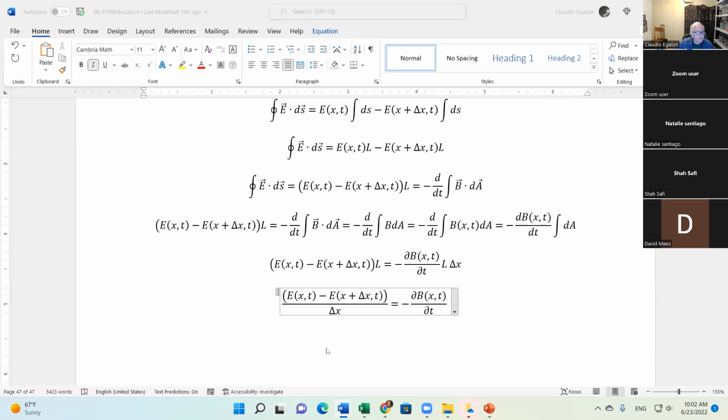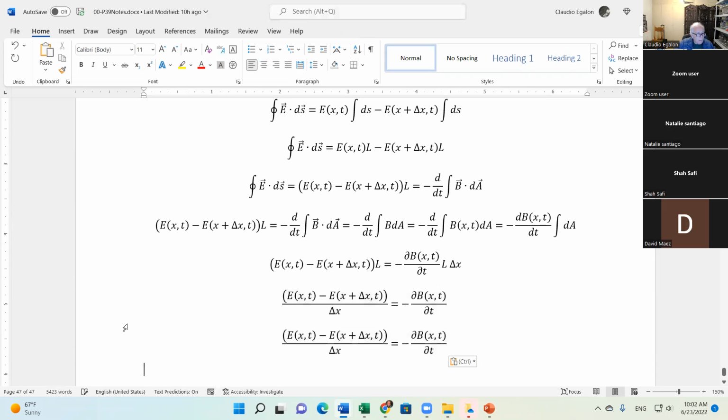And what do we get? The equation on the left side becomes another partial derivative, a partial derivative with respect to X.